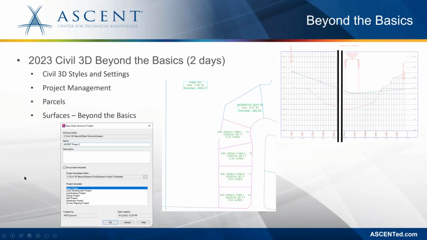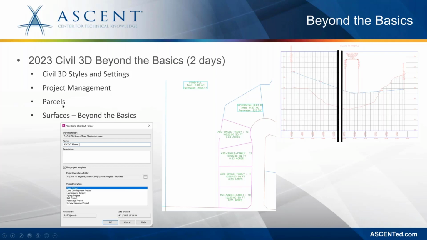It contains 8 chapters. We have no appendices. And so we look at the customizing and styles and settings within Civil 3D. We look at the project management, which contains the data shortcuts that allow team members to work on a Civil 3D project with individual drawings.